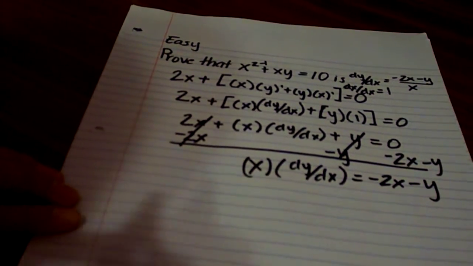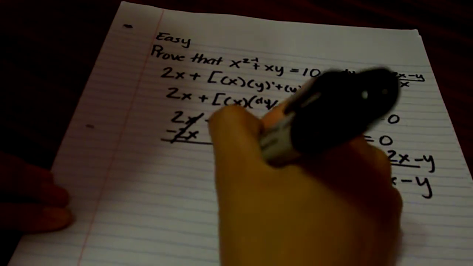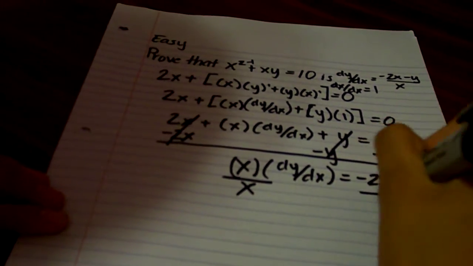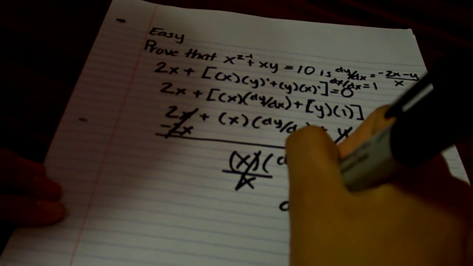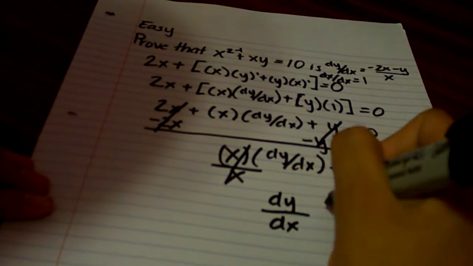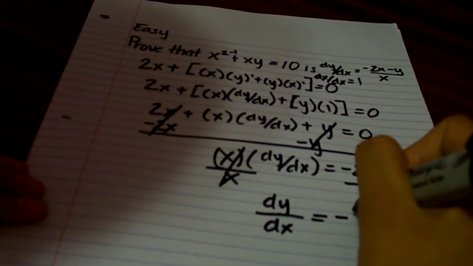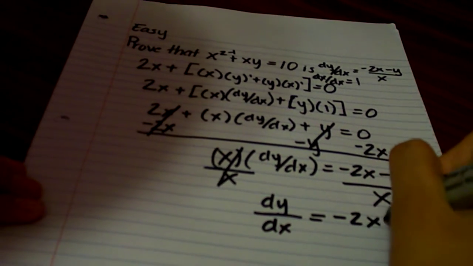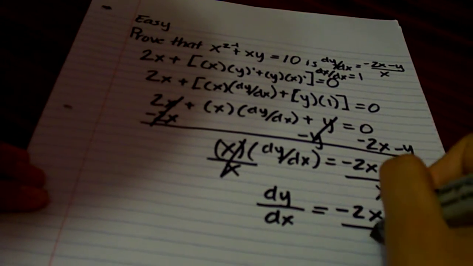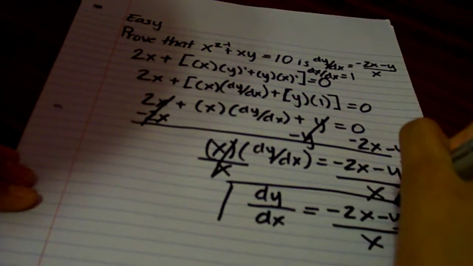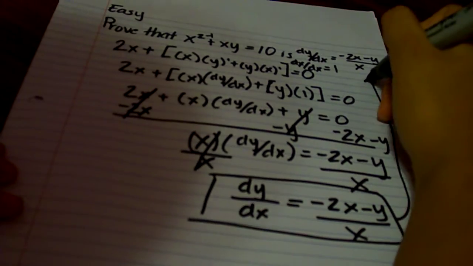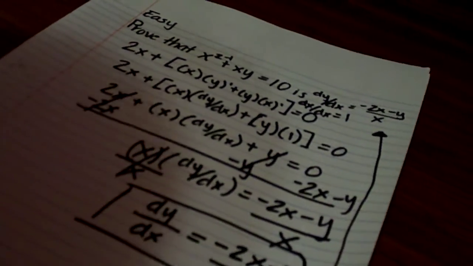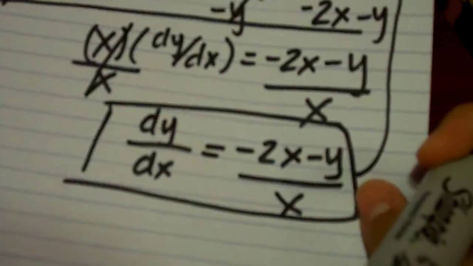You're trying to get dy over dx by itself, so you divide by x. Whatever you do to one side, you do to the other side, and it cancels out. It leaves dy over dx by itself, equals negative 2x minus y divided by x. This proves the answer correct. This is an example of an easy implicit differentiation problem.